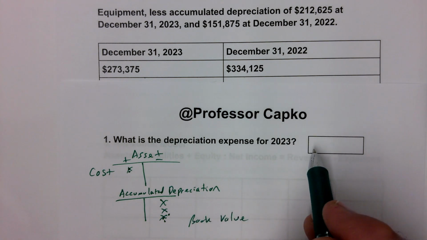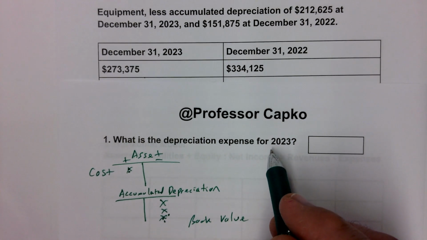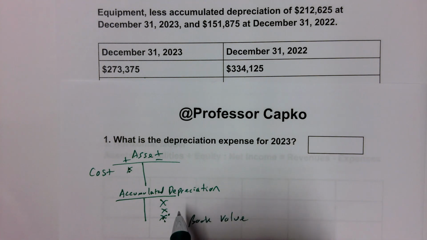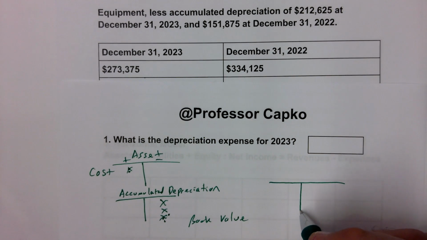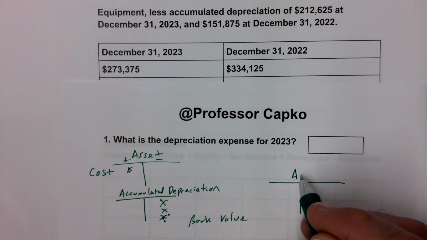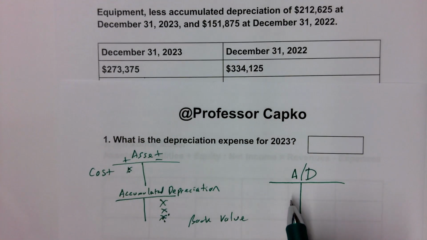So as I said, there's two different ways to find the amount of this accumulated depreciation. The first way would be to look at the accumulated depreciation account. So this account in 2023, I'm going to set it out here so we can see it a little bit. I'm just going to call it AD, accumulated depreciation.